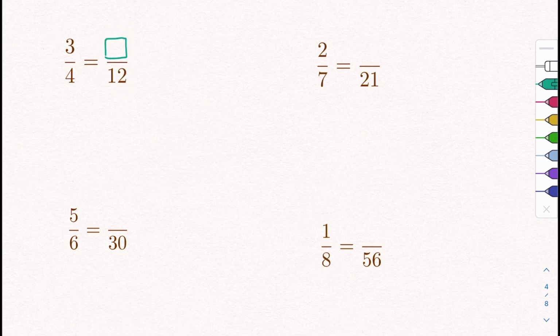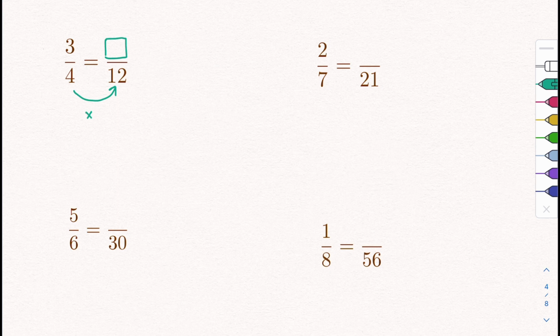So for example, with the first question here, starting with the 4, we need to think, what did we do to the 4 to make it become 12? What number did we multiply? Because we're going from the small to big number, starting with the 4, which is smaller than 12. So what did we times it by? 4 times what gives us 12?